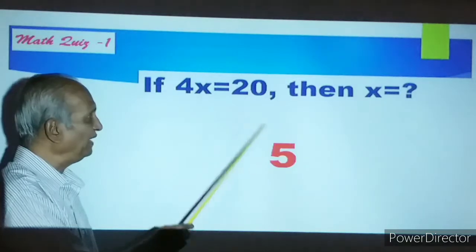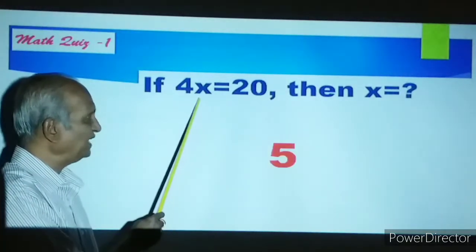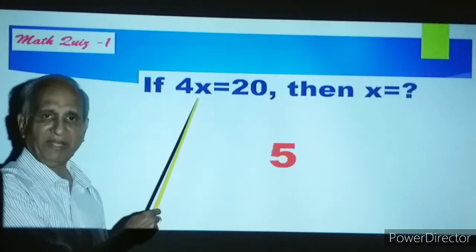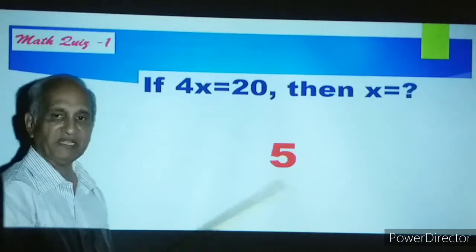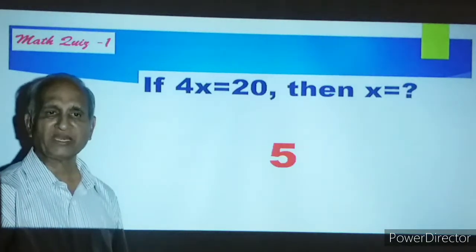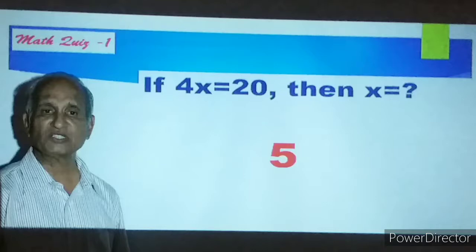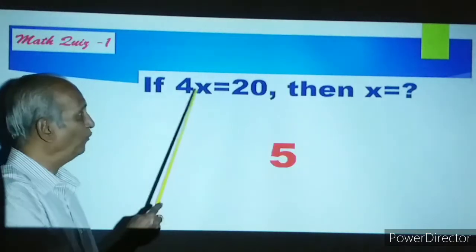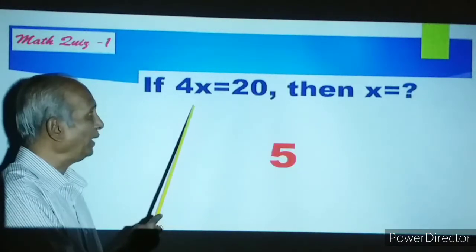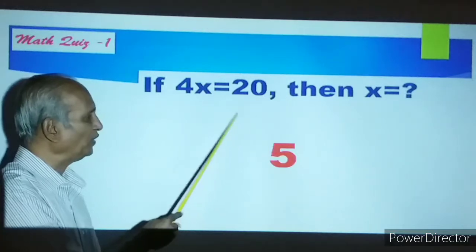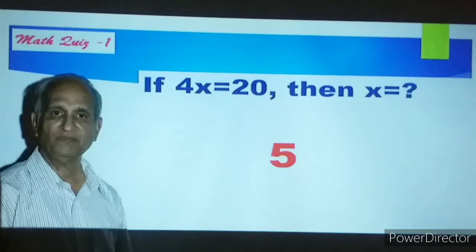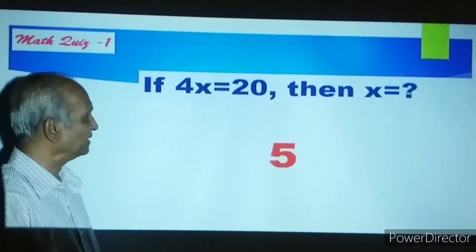The answer will be 5. Say, if 4 pens cost 20 rupees, how do you work out in the shop? How much does 1 pen cost? 4 pens cost 20, so 1 pen costs 20 by 4, it is 5.